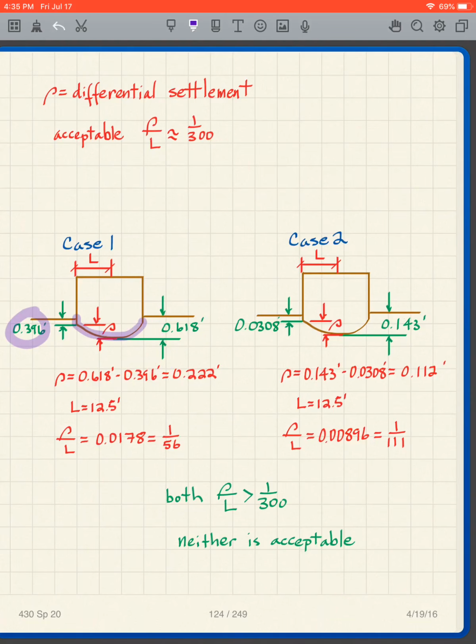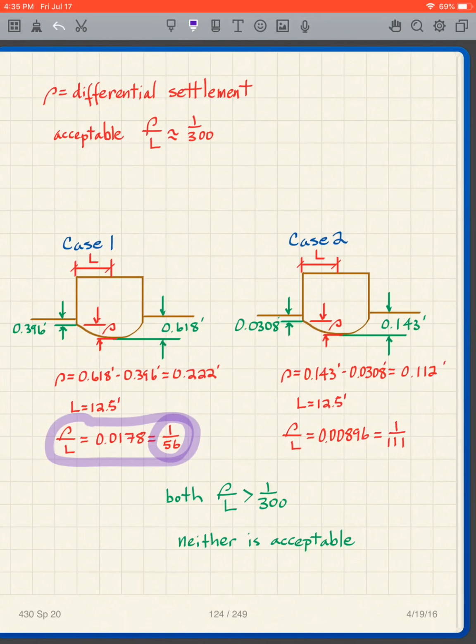The L is the horizontal distance between those 2 points, and in this case, that's 12.5 feet because my building width was 25 feet. That gives me a rho over L of 0.0178 or 1 over 56.